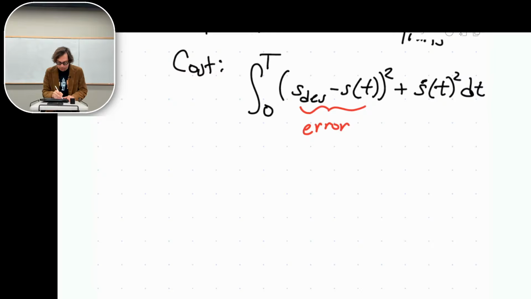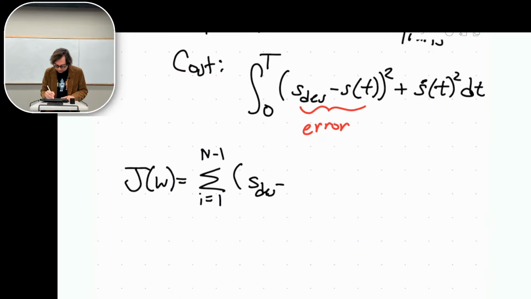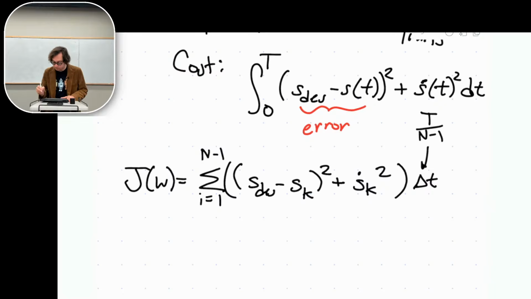So what that would look like, our cost function J of W, is going to be equal to the sum from i equals 1 to n minus 1 of (S desired minus SK) squared plus (S dot K) squared, all times delta T, which you all, of course, know is T over n minus 1. Okay.